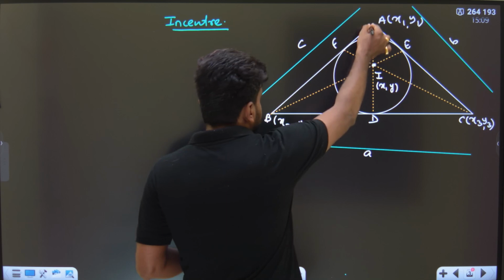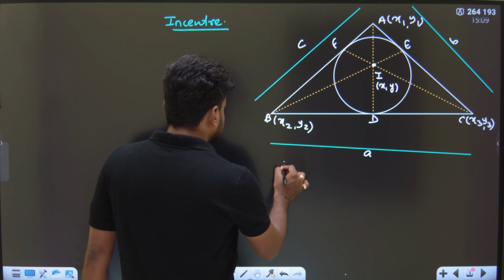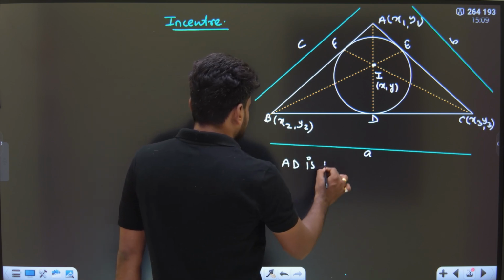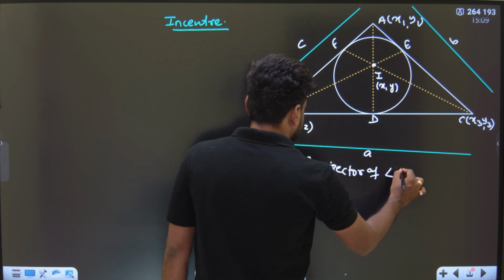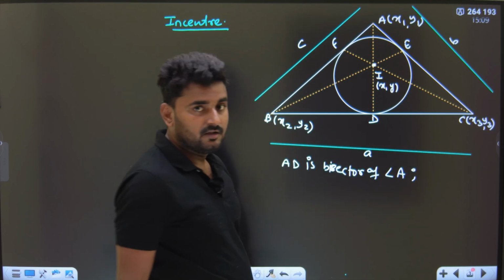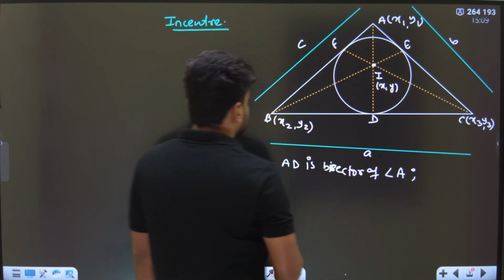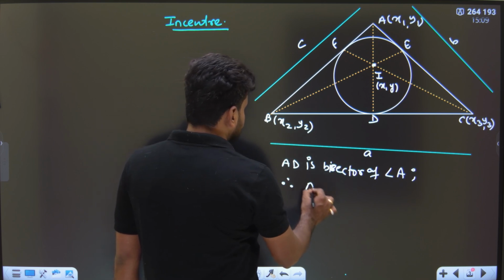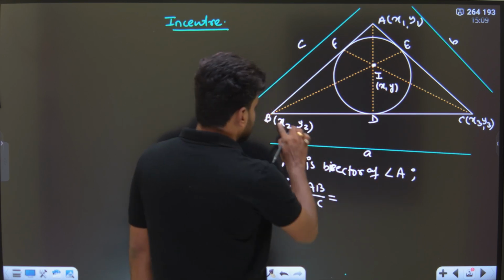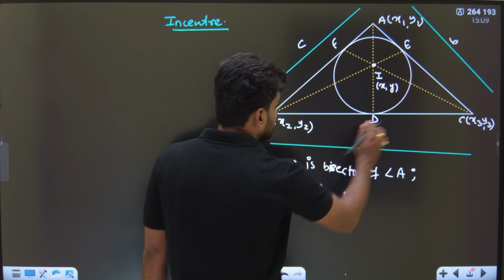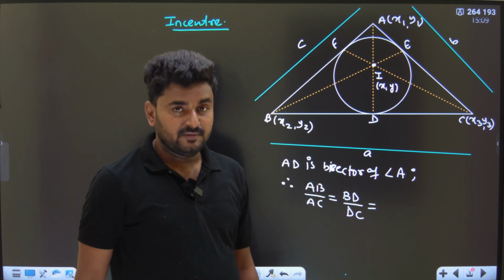You know AD is the bisector of angle A. If AD is the internal bisector of angle A, therefore you have AB upon AC equals BD upon DC, because you know the angle bisector theorem.